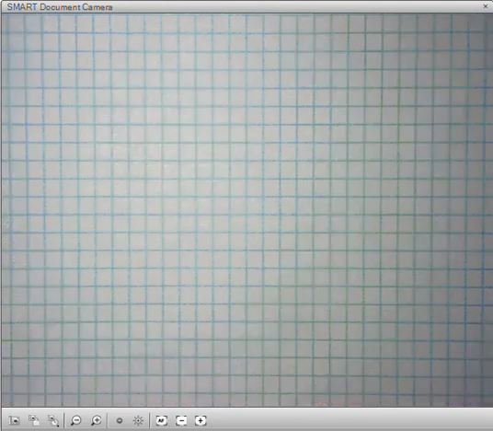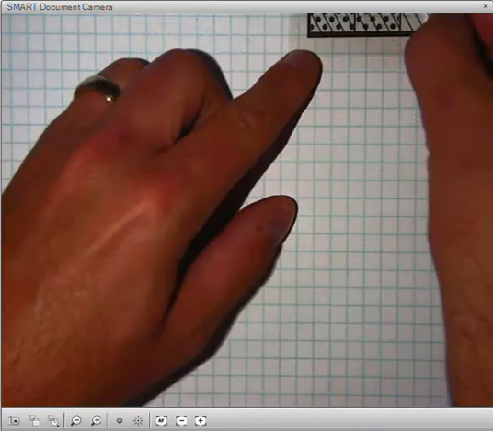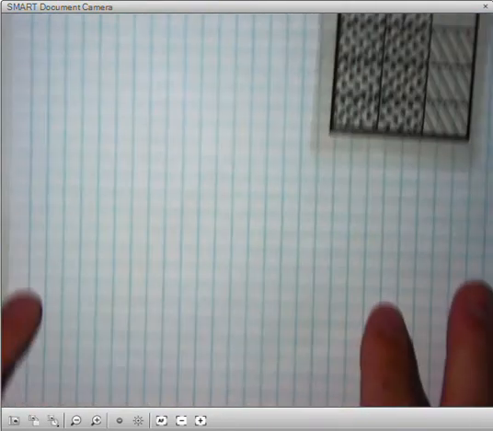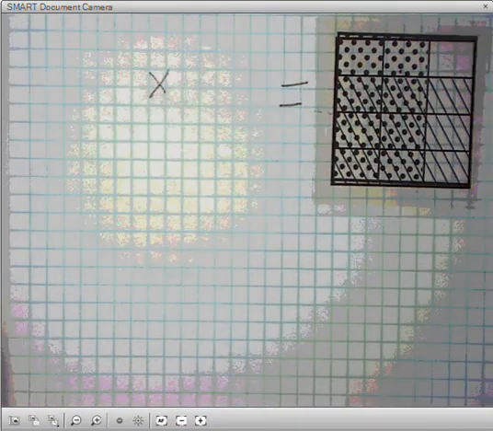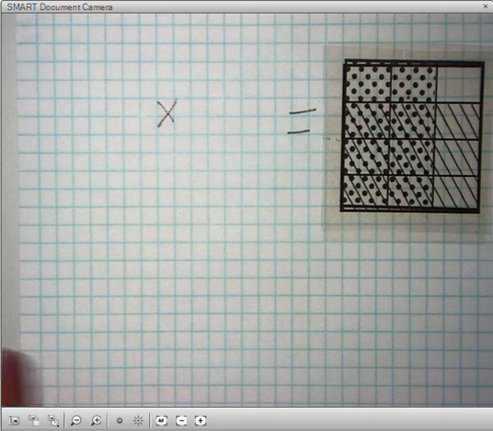All right, let me find some larger numbers here. I'll stump you guys with this one. You guys look at this one. This is the answer to what problem? Something times something is going to give us that answer. What fractions are being multiplied together?